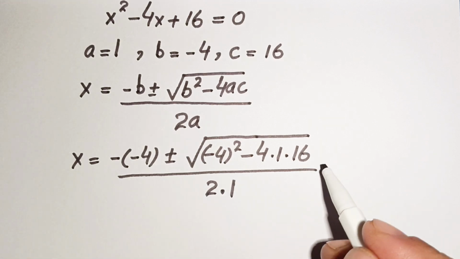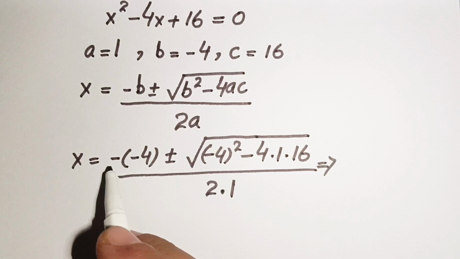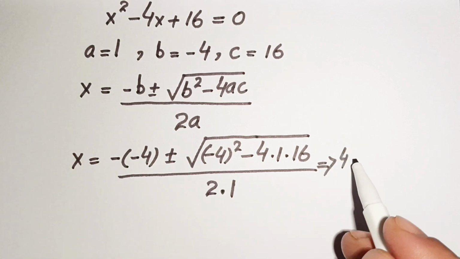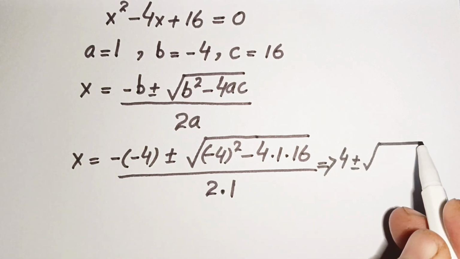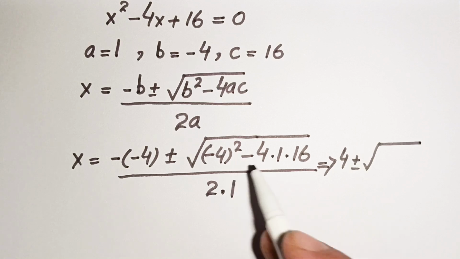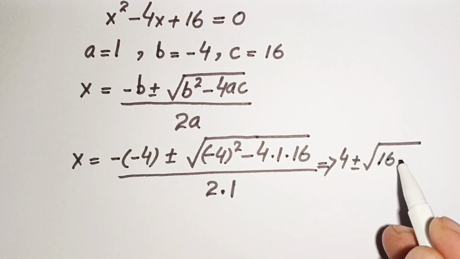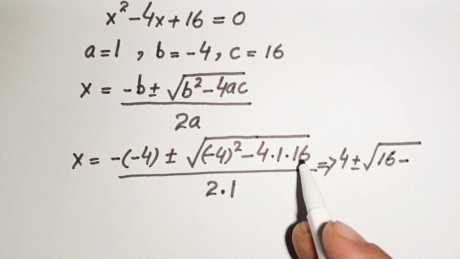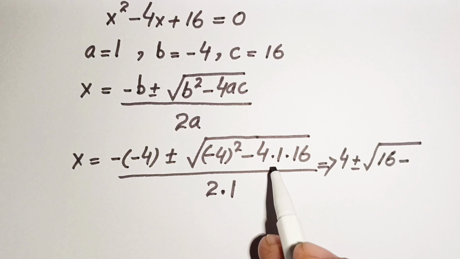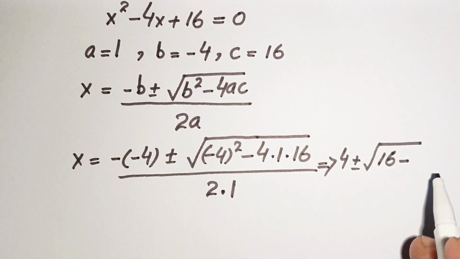Here minus times minus is plus, so 4 ± √(−4 squared, which is 16, and here we have 16 times 4. If we multiply 16 times 4, we get 64.